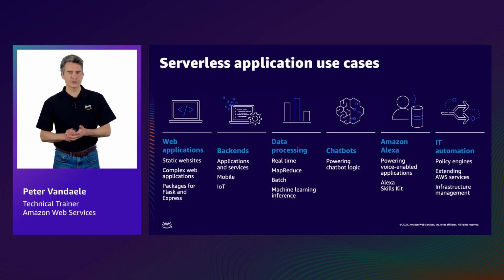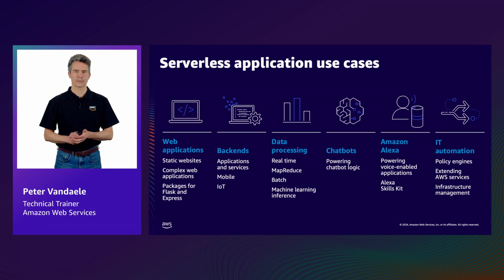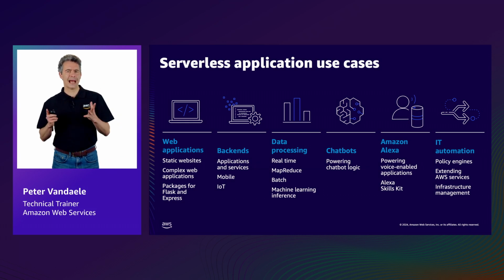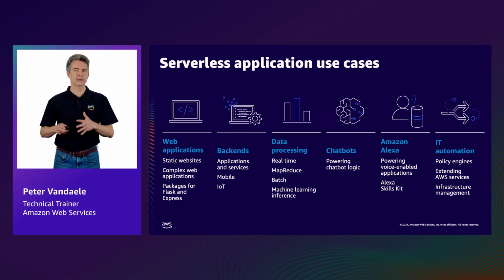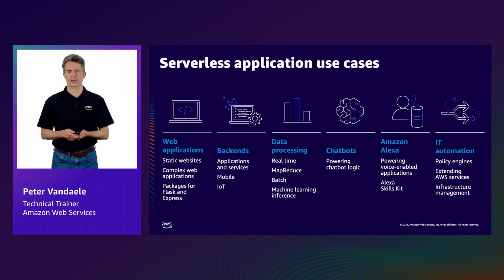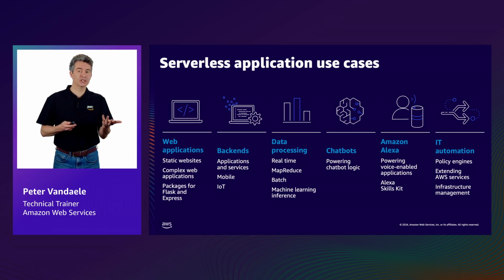Lambda is just one such serverless service. You can create an entire serverless application consisting of different Lambda functions and other services within AWS that will integrate with Lambda. Some use cases for serverless architectures are building web applications using static websites, or processing data at nearly any scale.